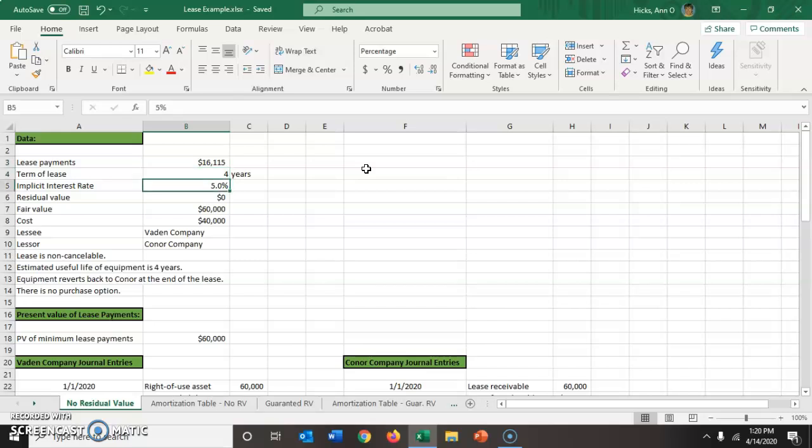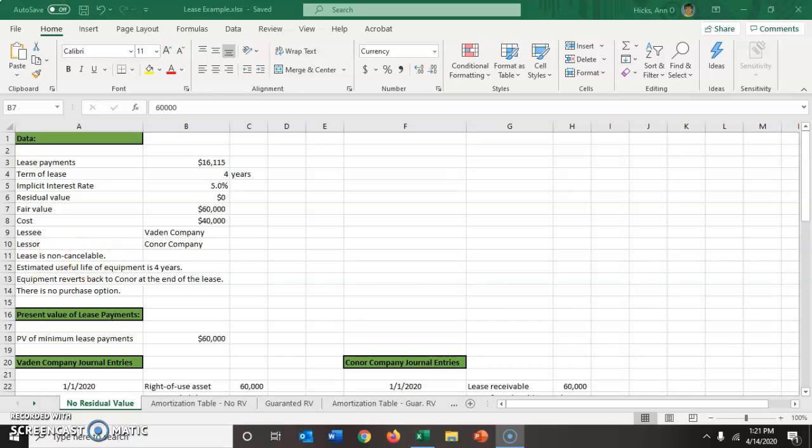The implicit interest rate is 5%, which is the rate that Connor Company used to calculate the lease payments, and Vaden is aware of that interest rate. We're assuming for this scenario a 0 residual value. The equipment is expected to have no value at the end of the 4-year lease term. Its cost to Connor Company is $40,000.